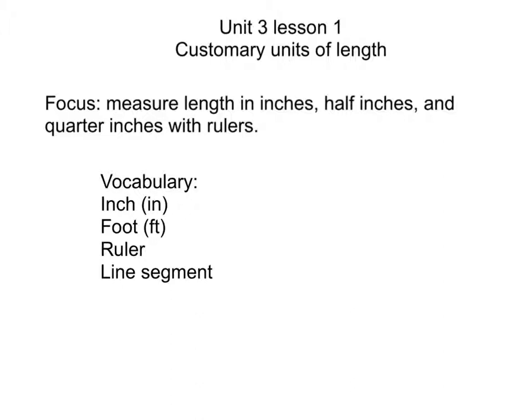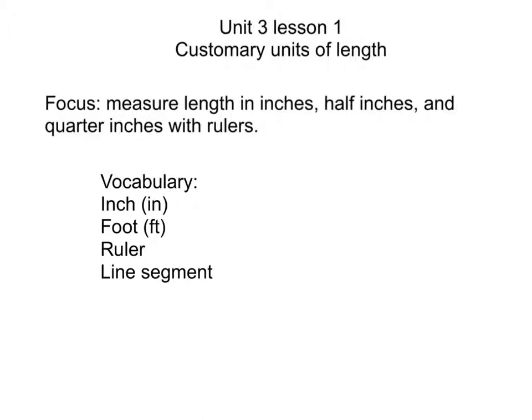So our vocabulary is inch, and you see in parentheses it says IN. That is actually the abbreviation for inches. So instead of writing out inch, you can actually write IN after. So when we're labeling, IN is perfect. Foot, the same thing. FT is the abbreviation for both foot and feet. So after, for your label, you can write that abbreviation.